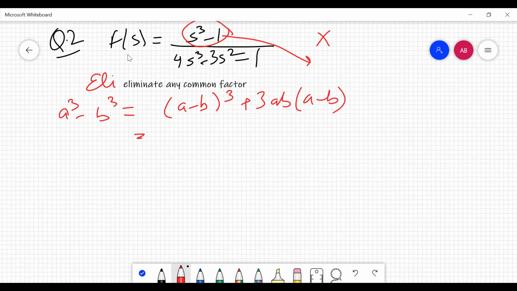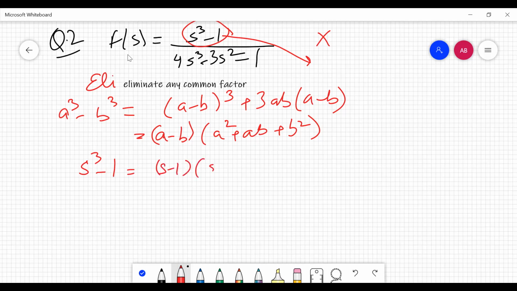So now I am going to take this a minus b outside, and that is going to give me a square plus ab plus b square. Now I have got a as s and b as 1. So replacing that here, I am going to get s minus 1 into s square plus s plus 1.